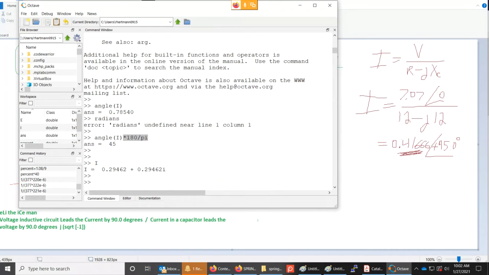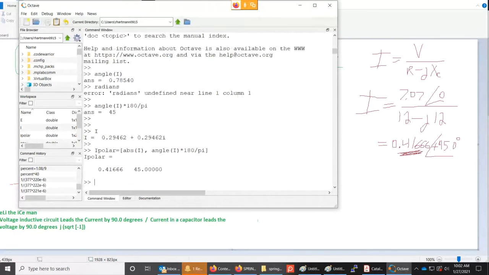I'm just going to put I polar form here, and then I put a bracket and say the absolute value of I, and then a comma, and then the angle of I times 180 degrees divided by pi.